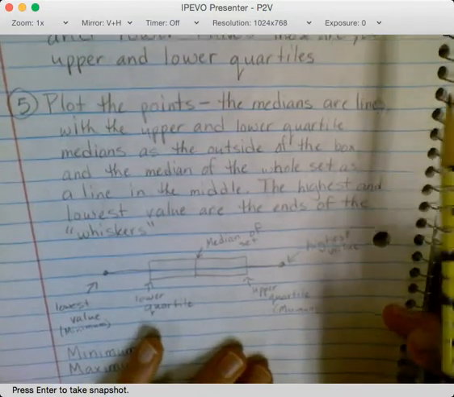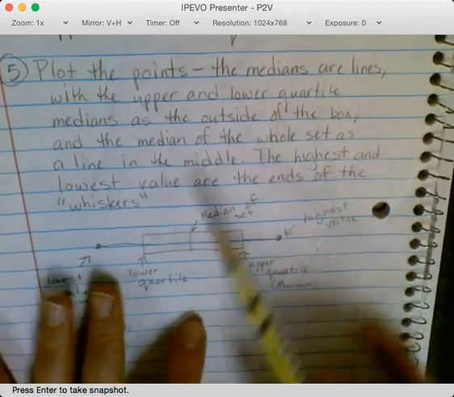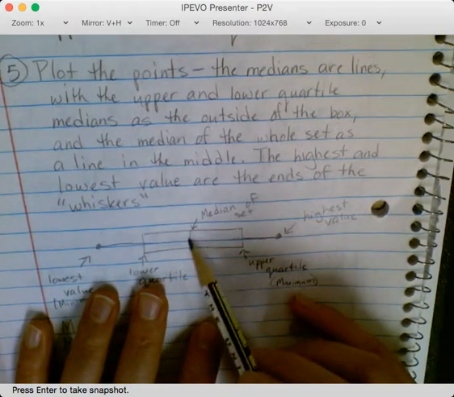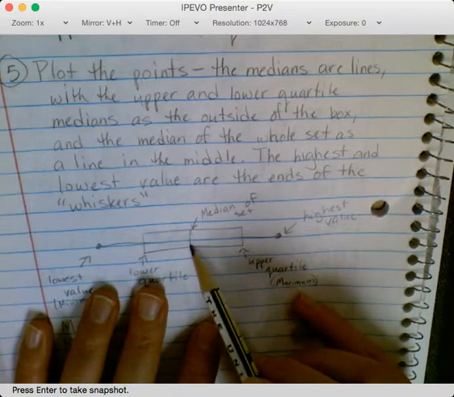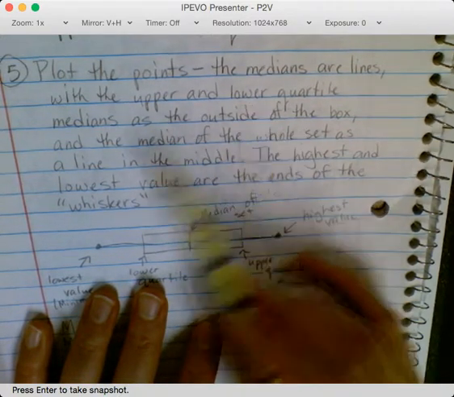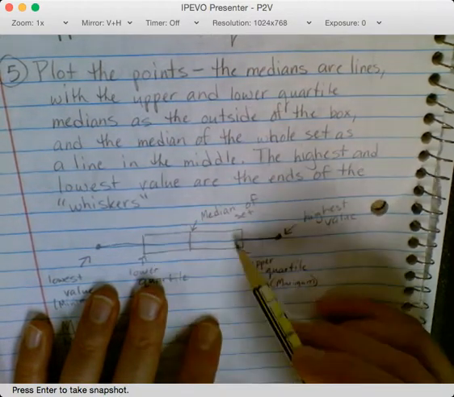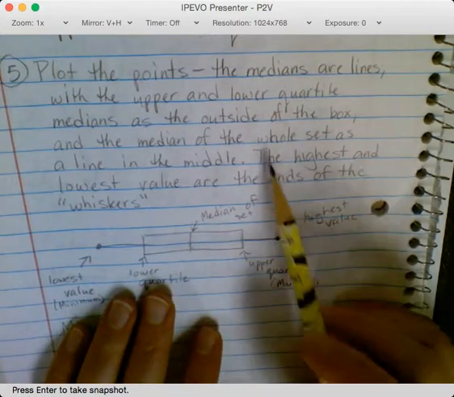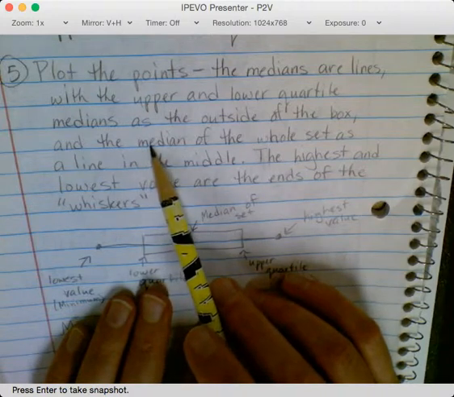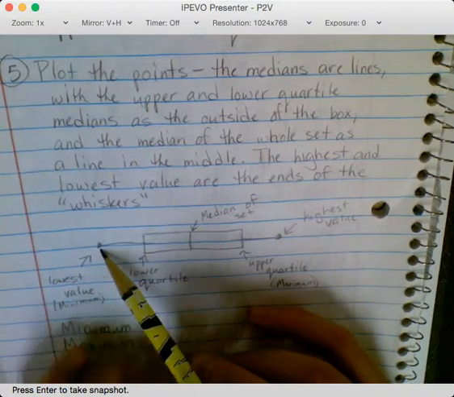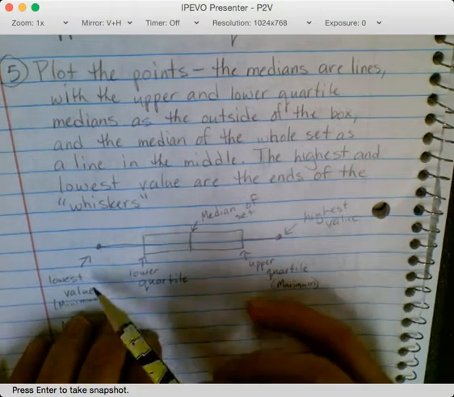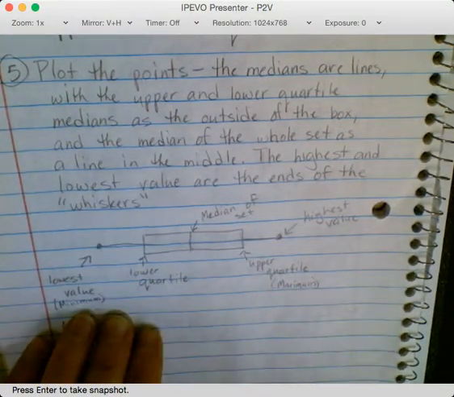So the medians are lines. So this is a line. The upper and lower quartile medians are also a line, okay? And then the highest value or the minimum, or sorry, the lowest value or the minimum is just a point.